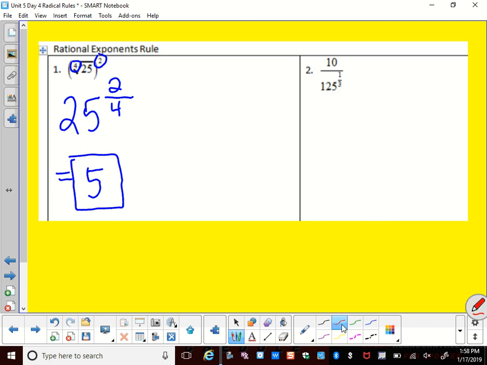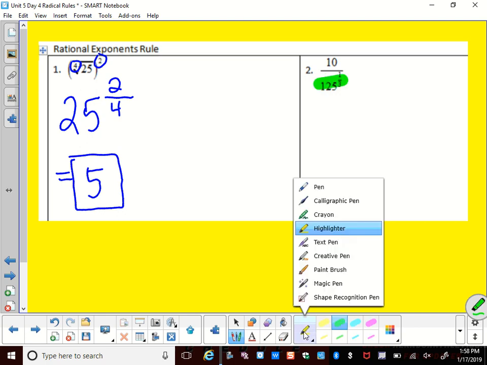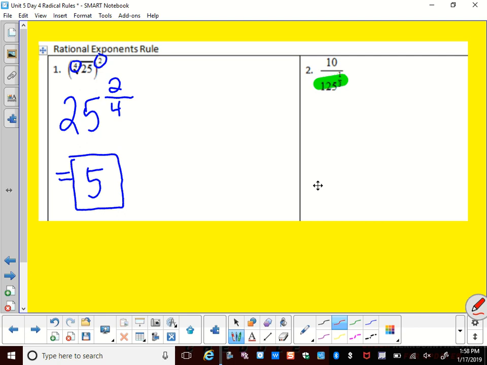All right, for my second equation, let's change this bottom half to be power over root. So on top I have 10. On the bottom, I'm going to change it to be a radical. What goes under the radical? 125. And what's my power? 1. And my root?